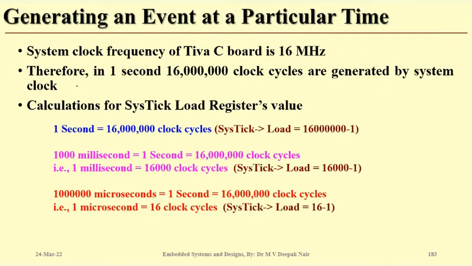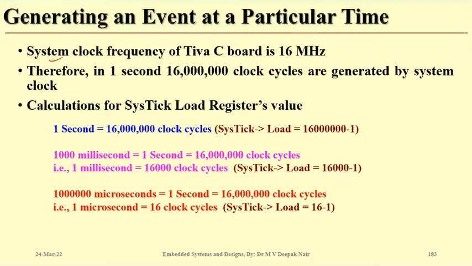Let us briefly try to understand how we can generate time-based events at a particular time, what maximum accuracy we can achieve, what maximum delay we can generate, and so on.